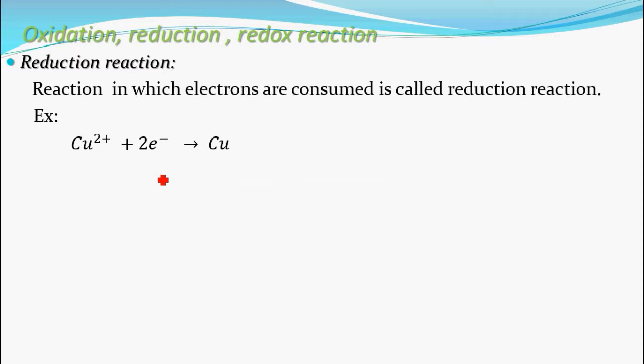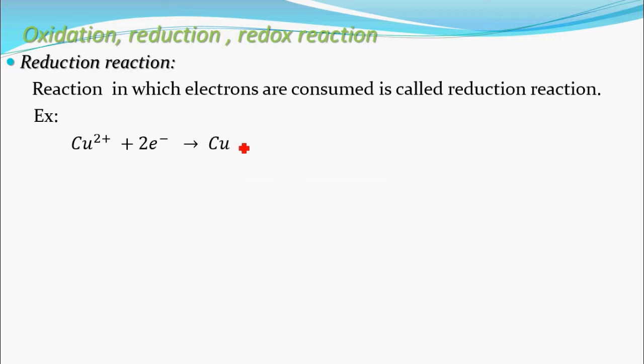So in a reduction reaction, this ion is positively charged, 2+, so it wants electrons and takes 2 electrons. The positive charge is 2, so it wants 2 electrons and will consume them and form copper, which is stable.